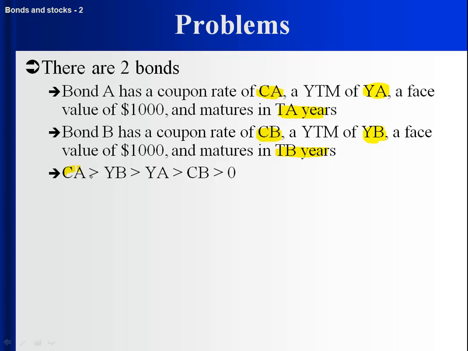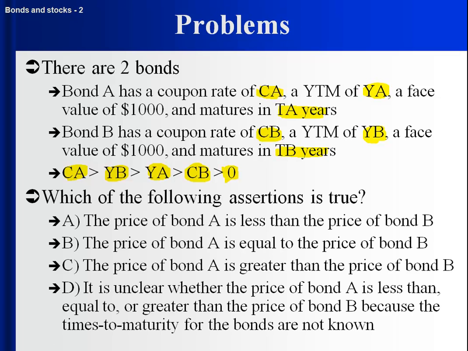We know that the coupon rate of A is greater than the yield on B, which is greater than the yield on A, which is greater than the coupon rate on B, and it's all greater than 0, so no funny business going on. The question is, how does the price of bond A compare to the price of bond B? Or, since we don't know anything about the relative maturities, it's not clear.